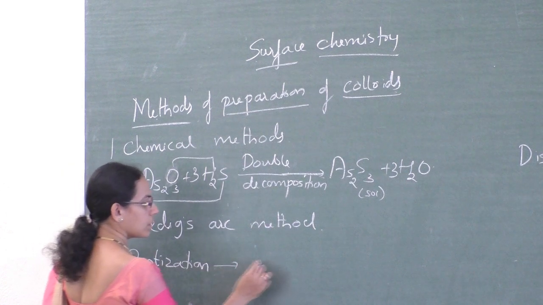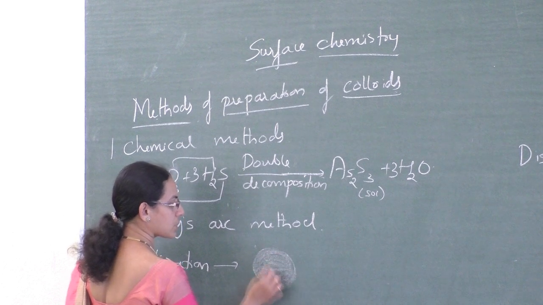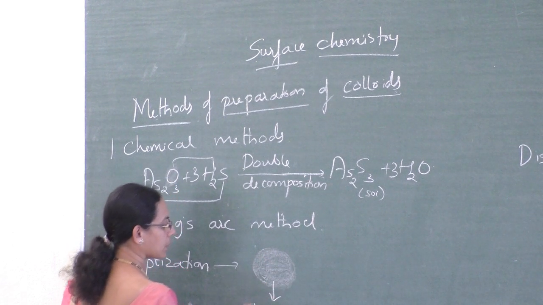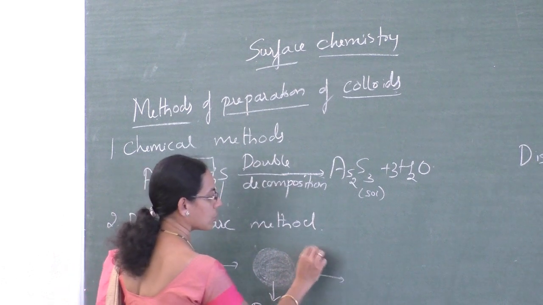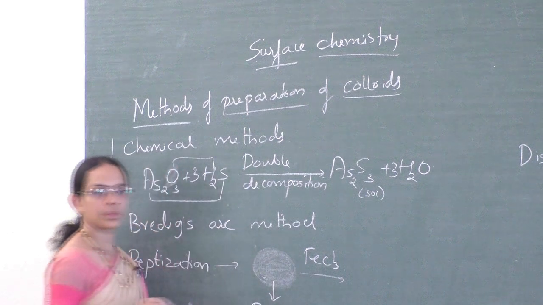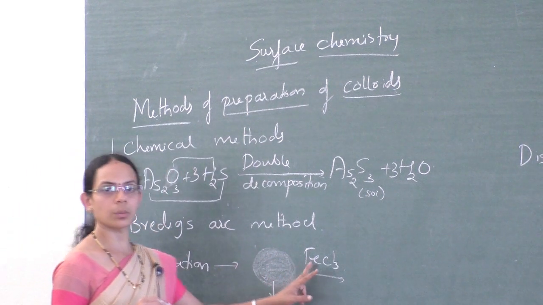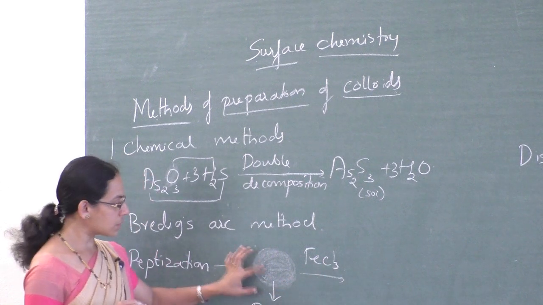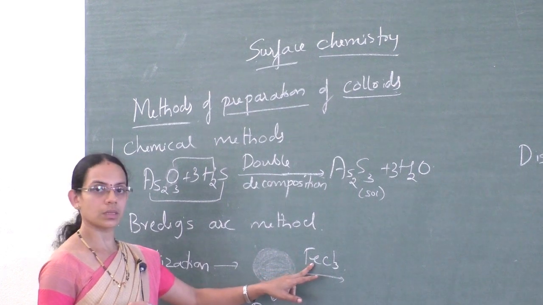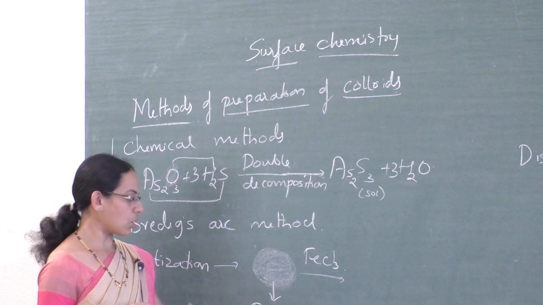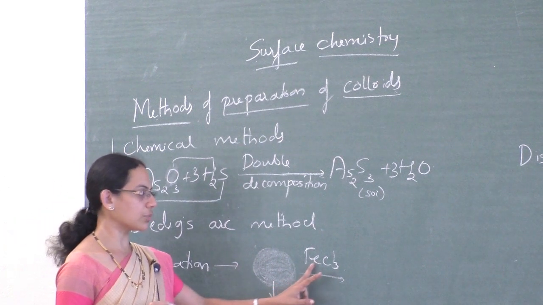For example, imagine this is the freshly prepared precipitate of ferric hydroxide. To this, if a small amount of ferric chloride is added, this precipitate adsorbs one of the ions present in the electrolyte, which is common, that is here ferric hydroxide, and we are adding ferric chloride.